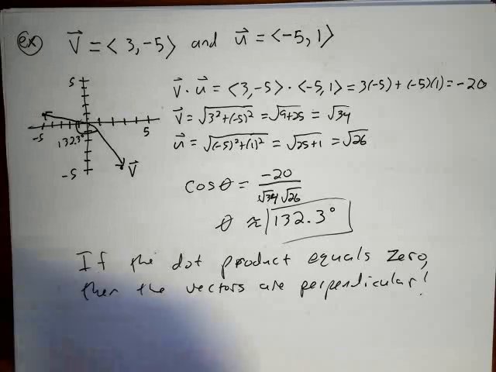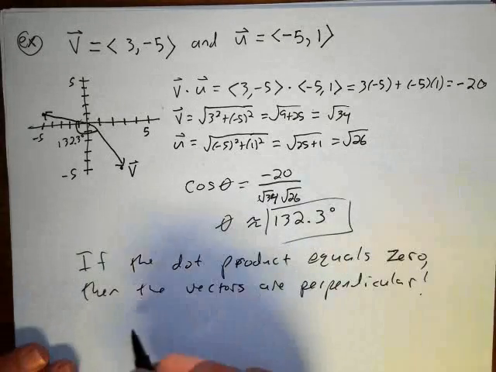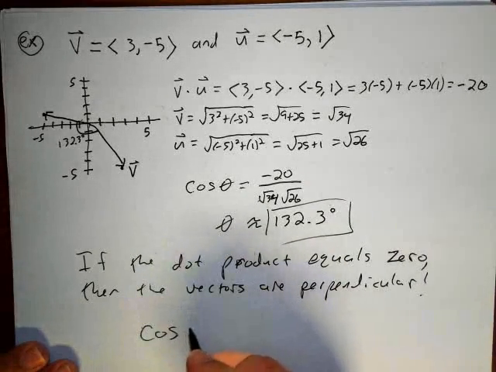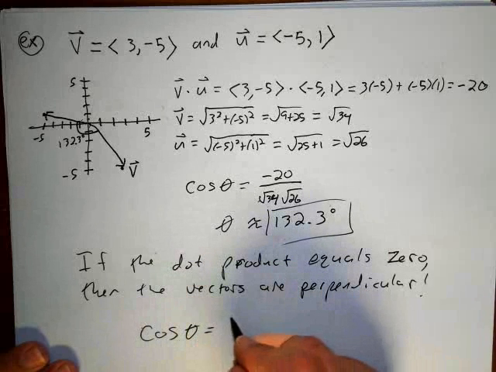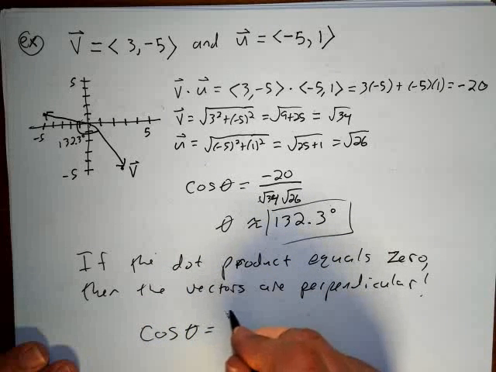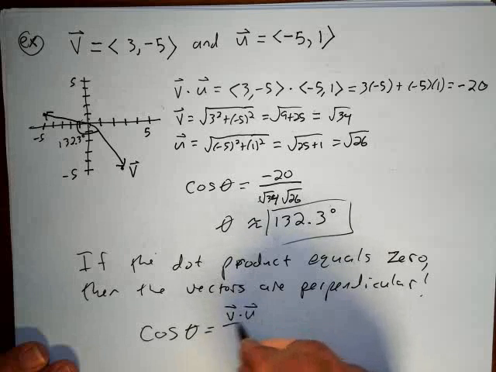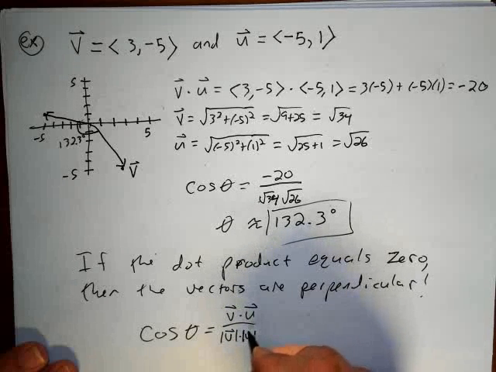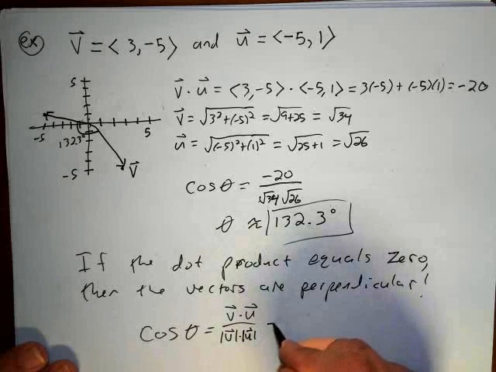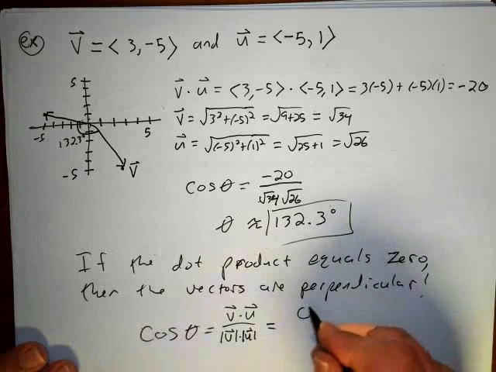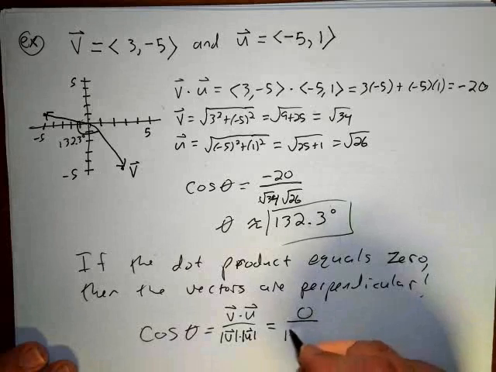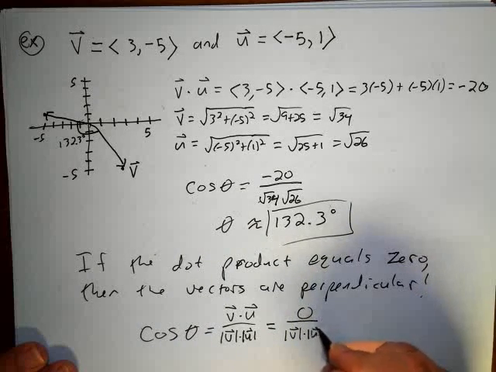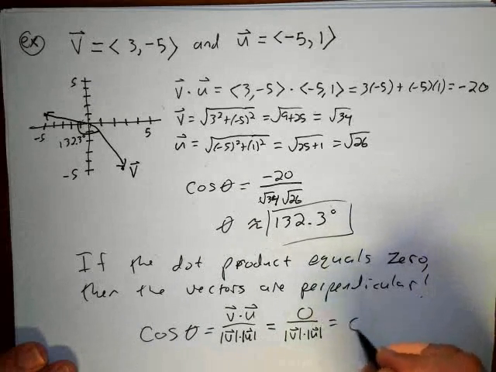And this is very easy to see, because if you have the cosine of theta is equal to V dot U over the magnitude of V times the magnitude of U, and if the dot product is 0, this would be 0 over the magnitudes. And the magnitudes here don't matter, you just get 0.